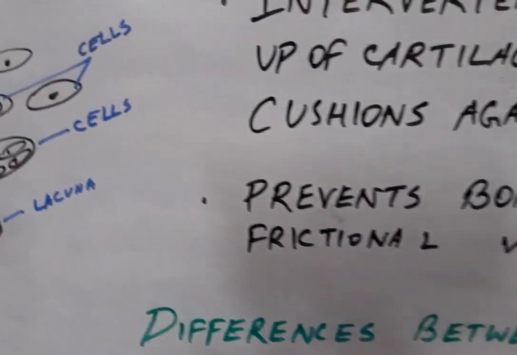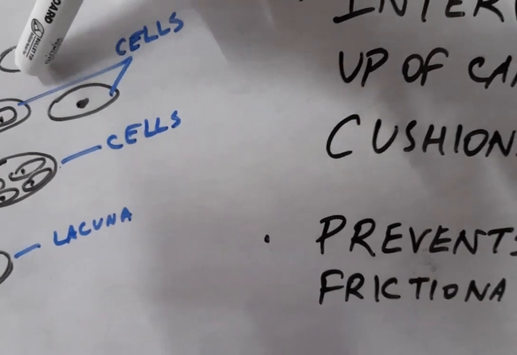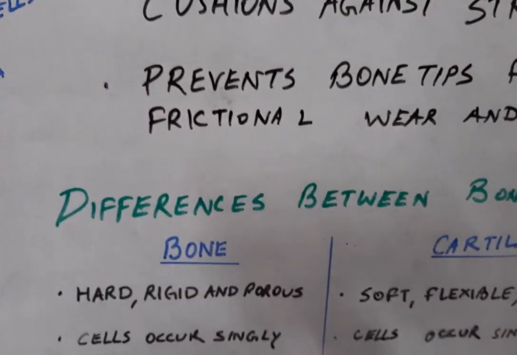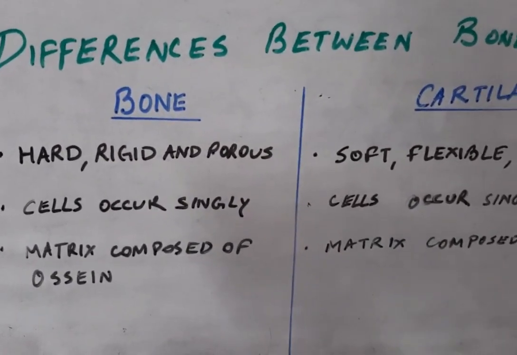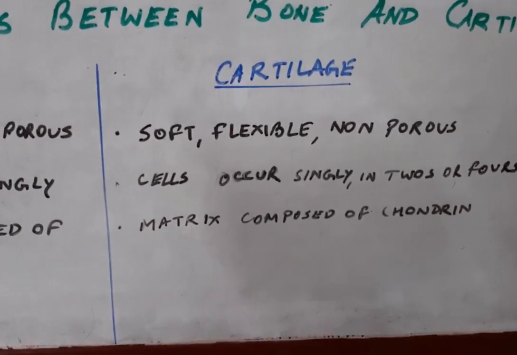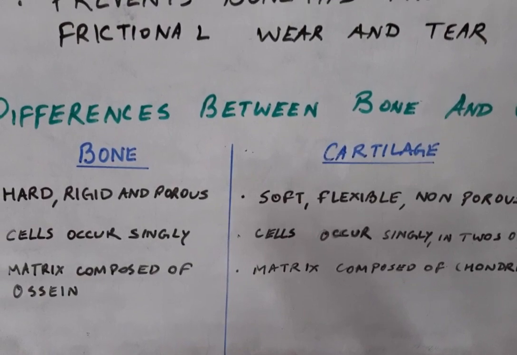Here you can see the figure I have drawn. Next comes the matrix. The matrix of bone is composed of ossein while the cartilage matrix is made up of chondrin. These are types of proteins.